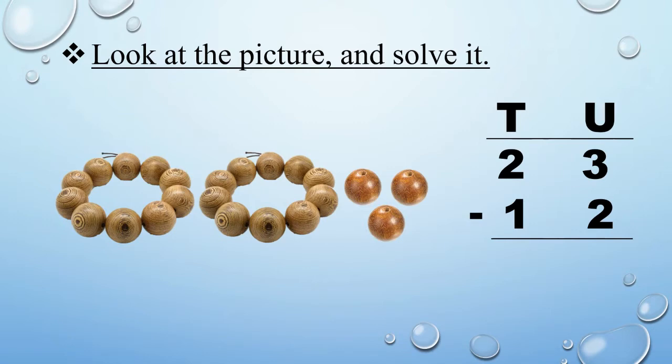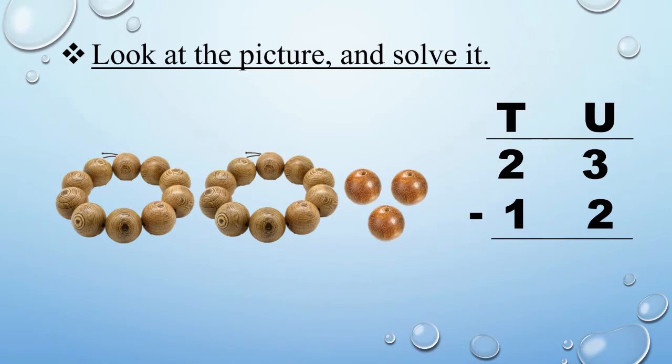Now 3 minus 2. First we will go to the units column. Students, always remember that whenever you do addition, subtraction, etc., you always have to start from the units place.